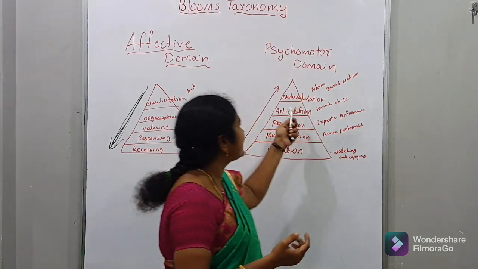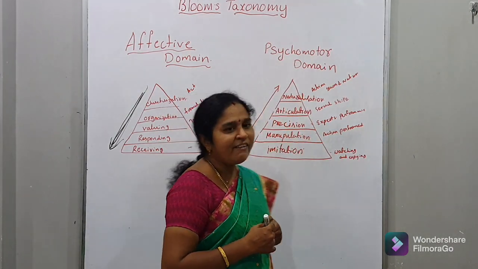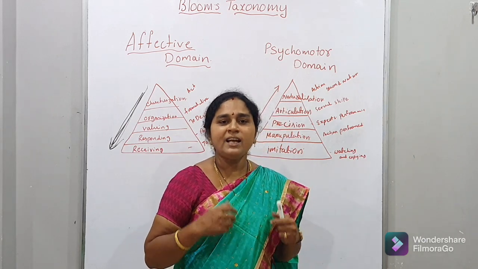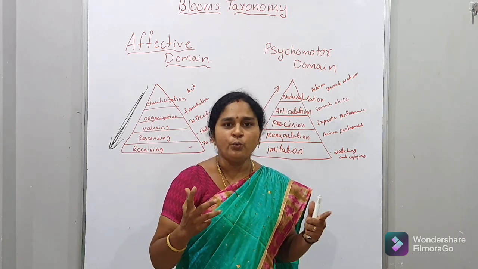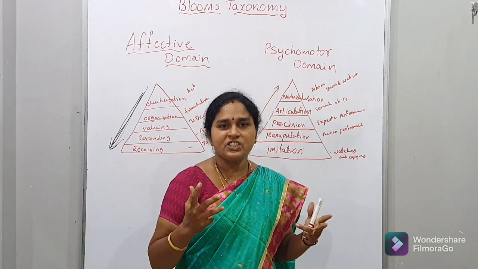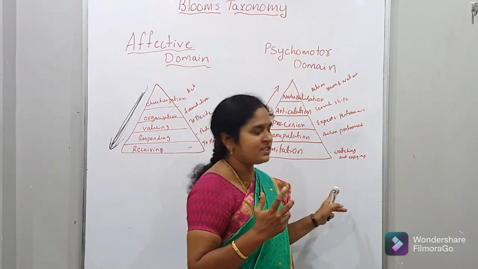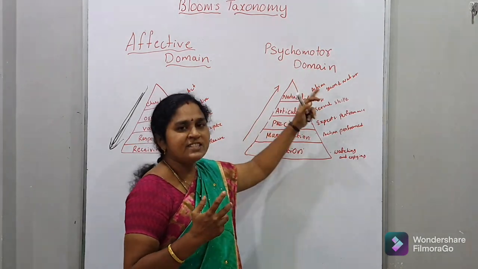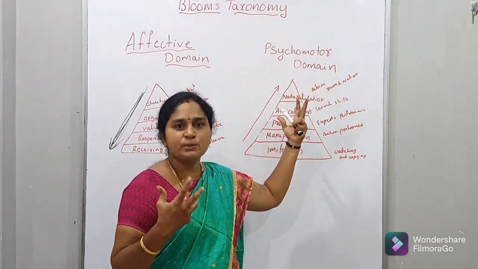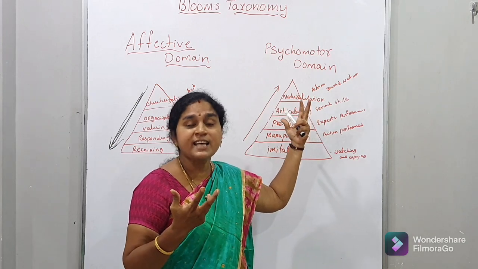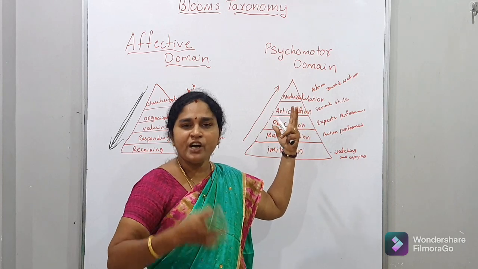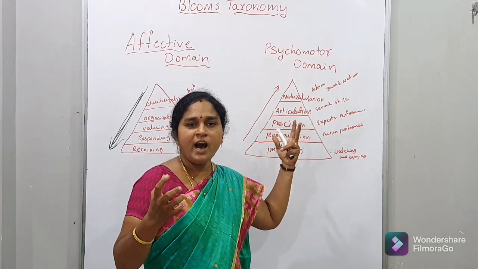Next is naturalization. Every action becomes second nature. We learn something new, and that is naturalization in the hierarchy, from imitation to naturalization as second nature. We become expert in that subject. That is the psychomotor domain: we gain, we do.